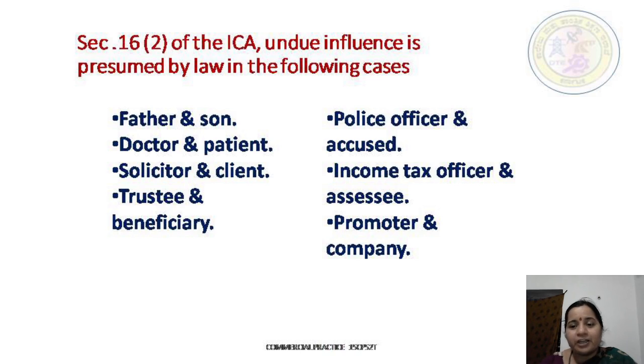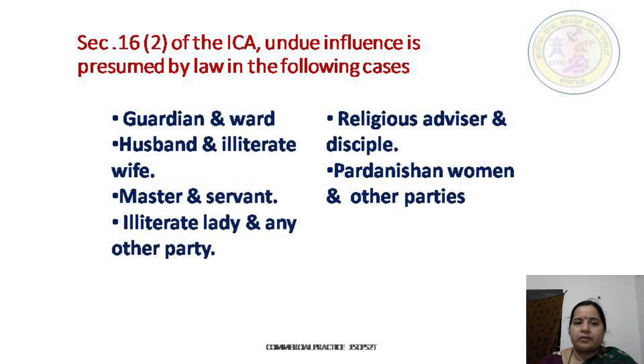because the patient always believes the doctor. Likewise, the teacher has some power over the student. There may be chances of undue influence. So law has presumed undue influence in these relationships also.